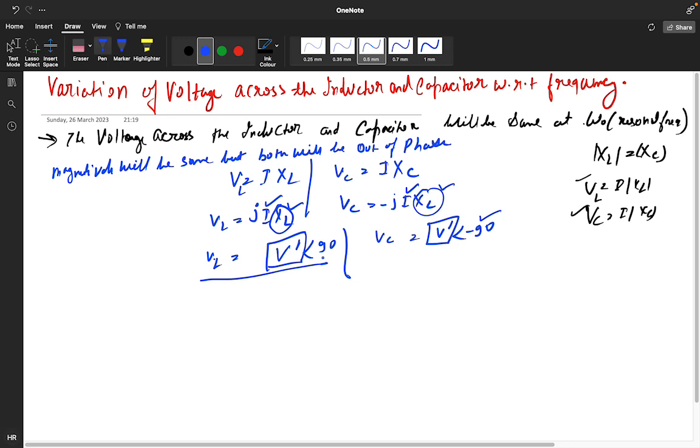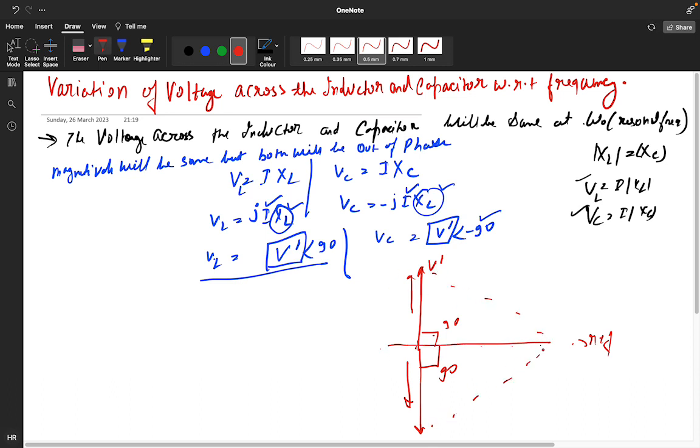Suppose V dash at 90 degrees is going upward, this is my reference, and V dash at minus 90 degrees is going downward. This is the positive axis, this is the negative axis, so both will cancel out and you will get 0.